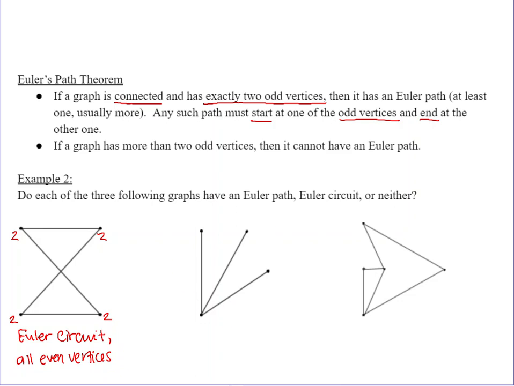The second graph, again, is connected. If we look at all of the degrees of the vertices, we end up with 4 odd vertices, which means we do not have a path or a circuit.